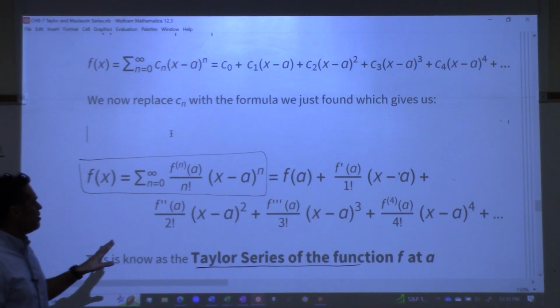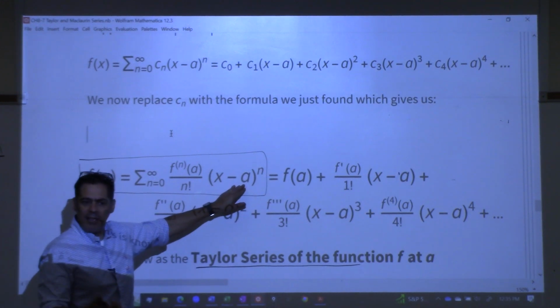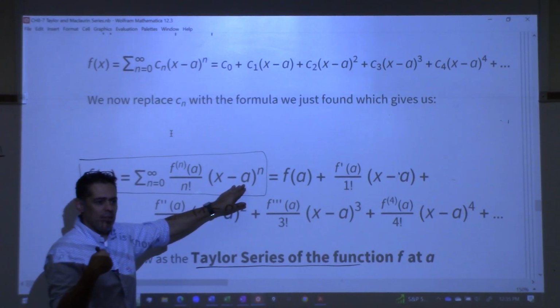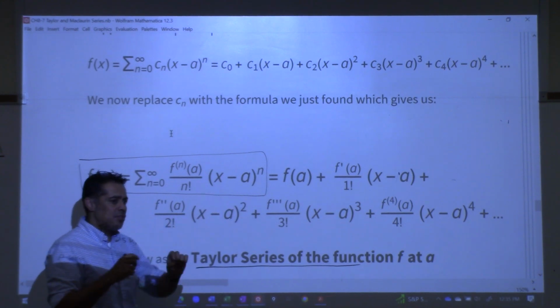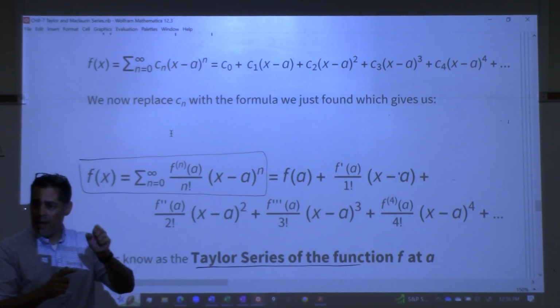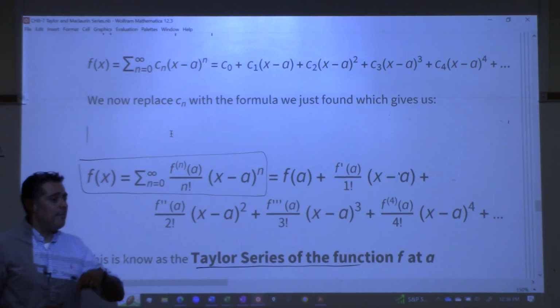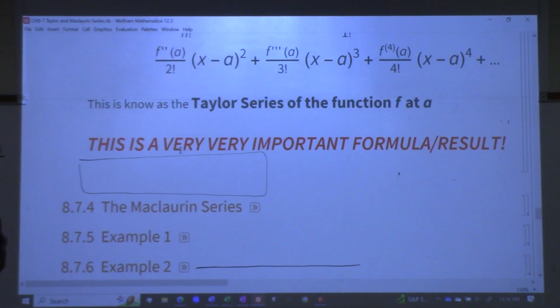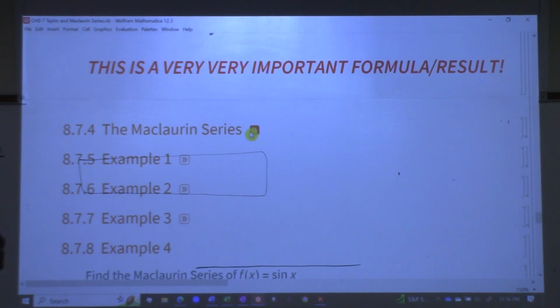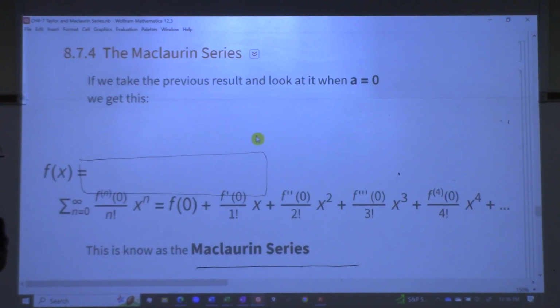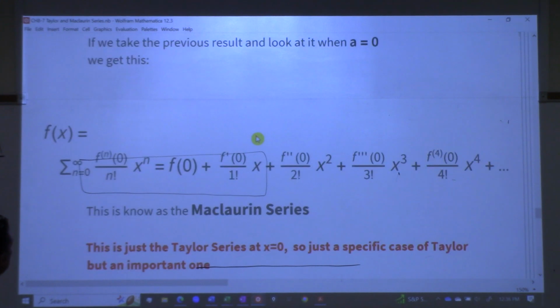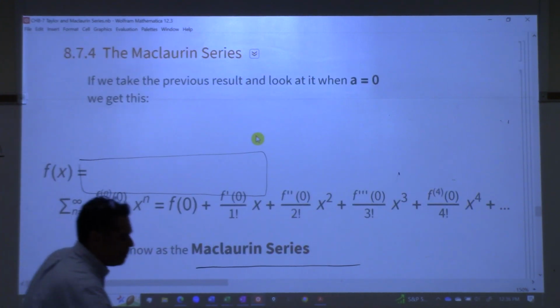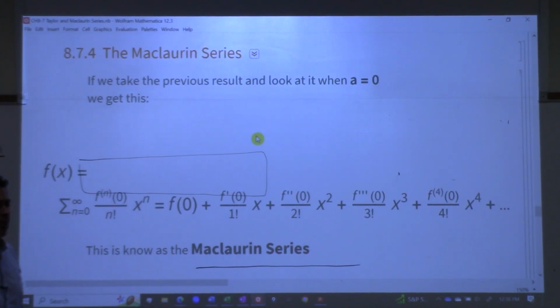So with the Taylor series, this A can be anything. The examples I gave you, what A was I using? 0. I was using 0, right? That is a special case of Taylor series where A is 0. We call that a Maclaurin series. So let me show you the definition of Maclaurin. A Maclaurin is that same formula we just had, replacing A with 0.